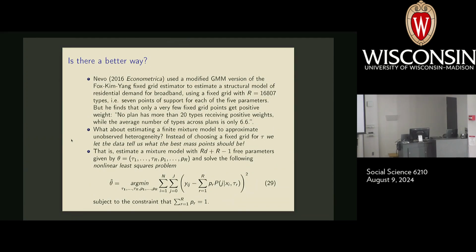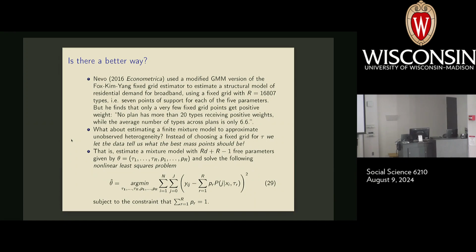So if you look at Aviv Nevo, he did this for a structural model. He modified it to GMM instead of least squares. He picked a grid of 16,807 points. He had like 5 parameters that took 7 values, 7 to the 5th or something like that. So he had to solve his structural model 16,807 times.